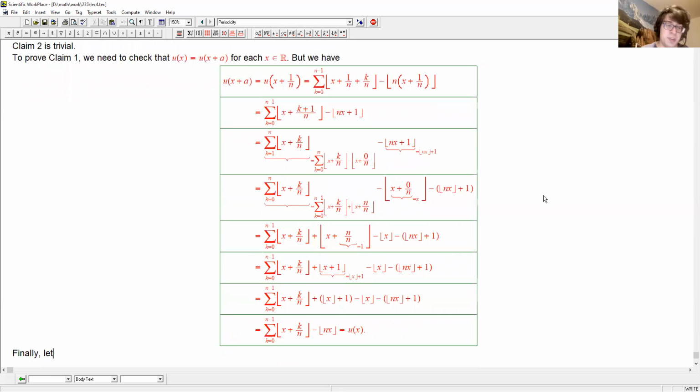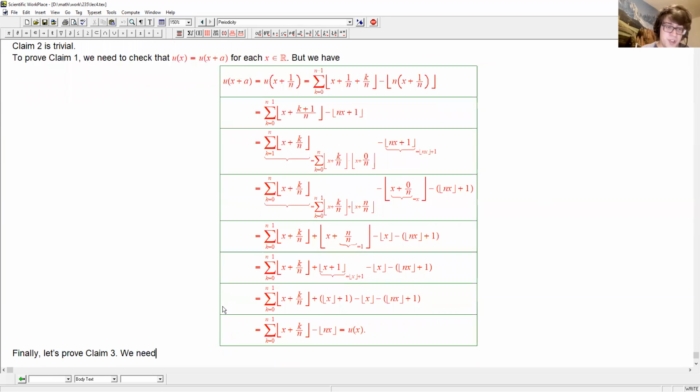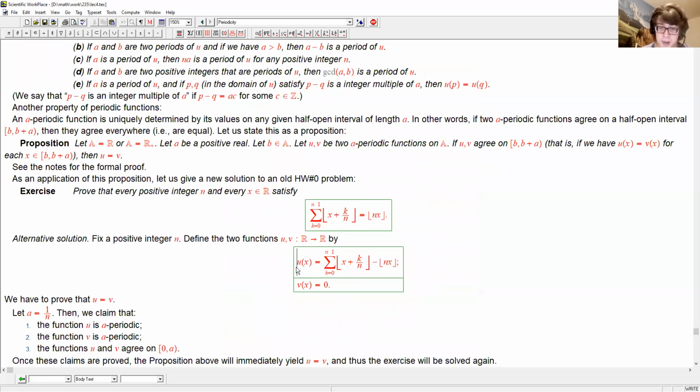Finally, let's prove claim 3. We need to show that the functions u and v agree on the interval 0 to a. In other words, we need to show that u of x is v of x for each x in 0 to a. But you can easily convince yourself, do it, and that's also in the notes, of course.